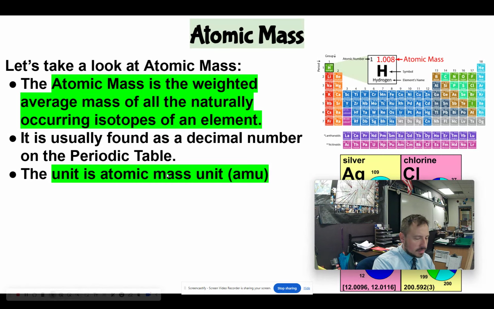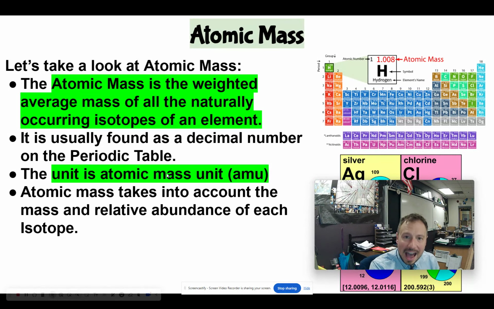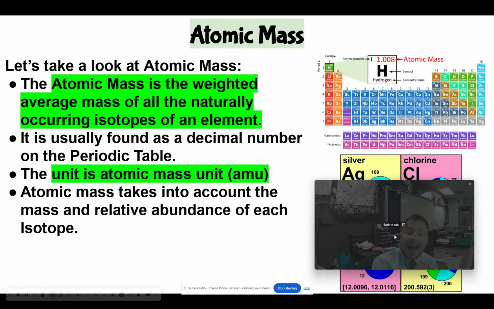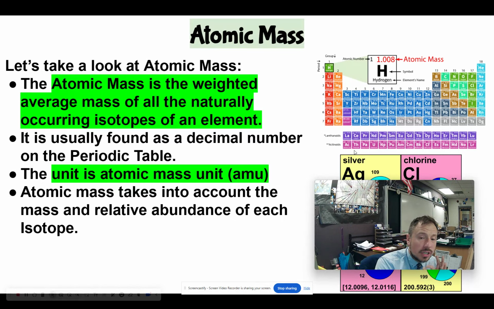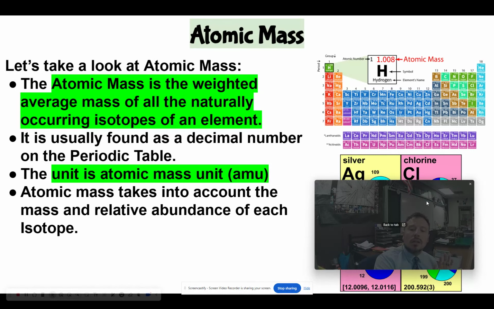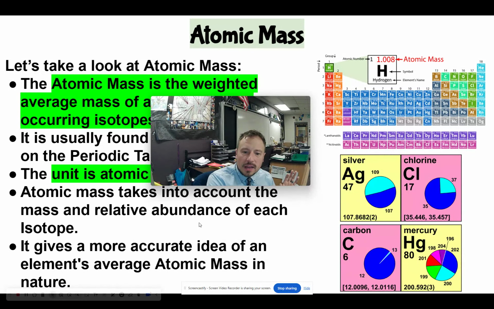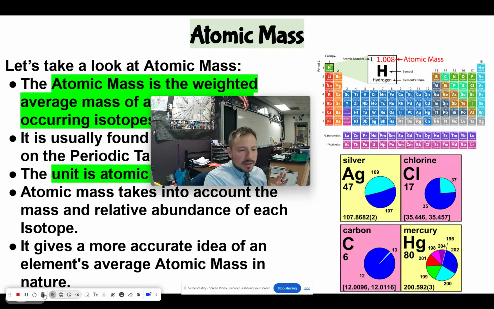That's where the weighted average of the isotopes comes into play. Remember, isotopes have the same number of protons but a different number of neutrons. Let's take a look at silver. If I had some silver jewelry and randomly picked a silver atom from it, there's about a 50-50 chance that it's going to be either silver-107 or silver-109.